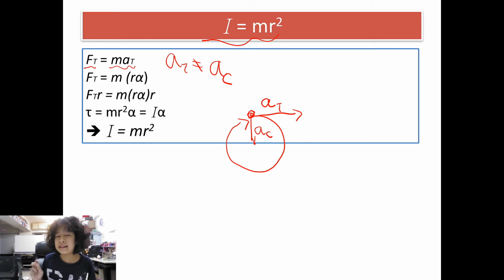We're looking at a_t. So F_t equals m a_t, which equals m r alpha. Multiply both sides by r, so we get F_t r equals m r squared alpha, and F_t r equals tau. So tau equals m r squared alpha, and we group this as I alpha. So I equals m r squared.